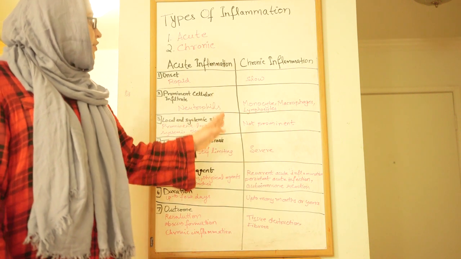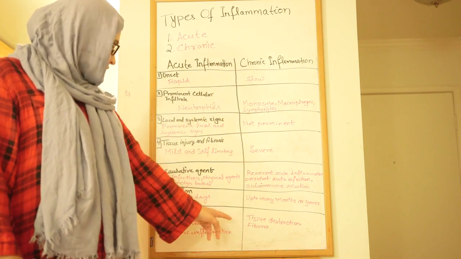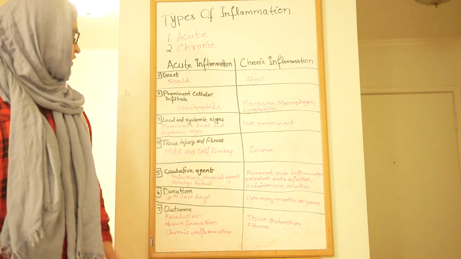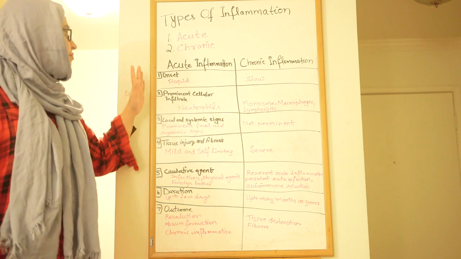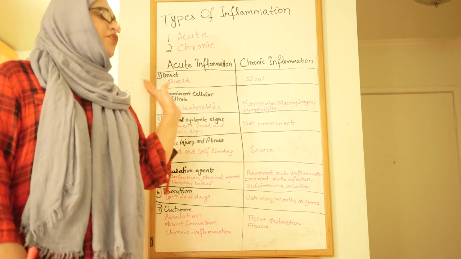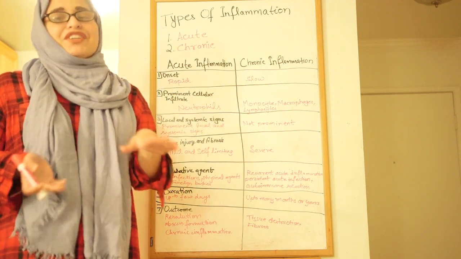In chronic inflammation, the outcome can be tissue destruction or fibrosis. So this is all about the difference between acute inflammation and chronic inflammation. I hope you understood the topic.